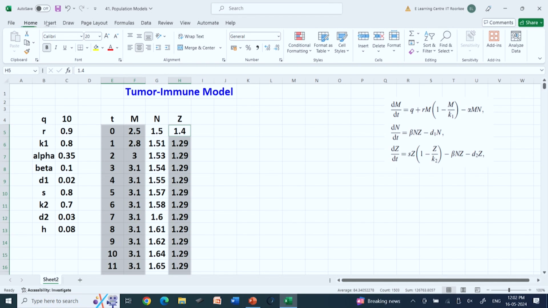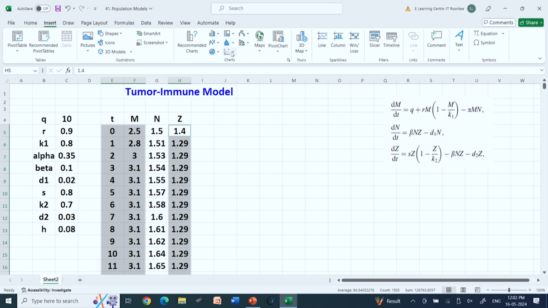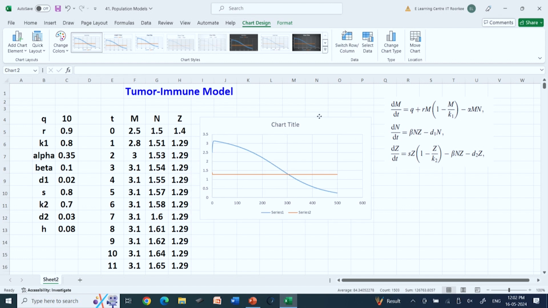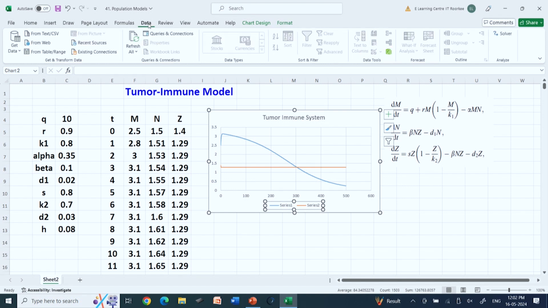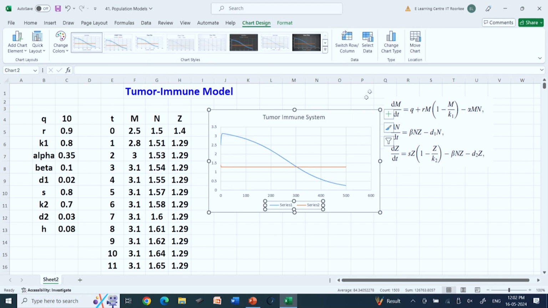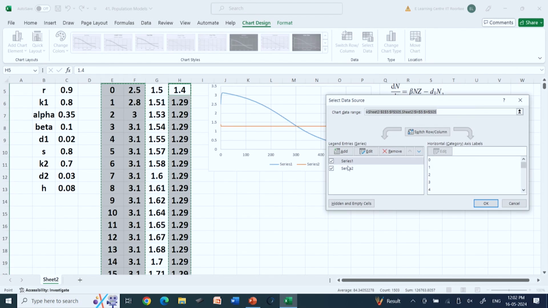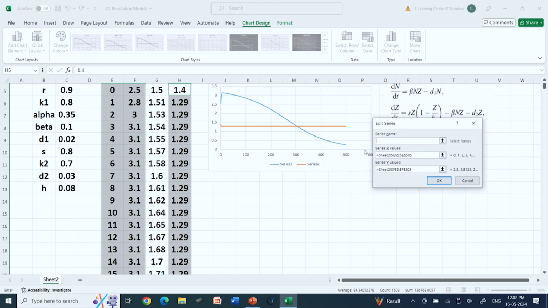So, if we plot this, go to insert, go to chart and this one. So, the chart title is Tumor Immune System. Go to chart design, select data, then series 1, edit.